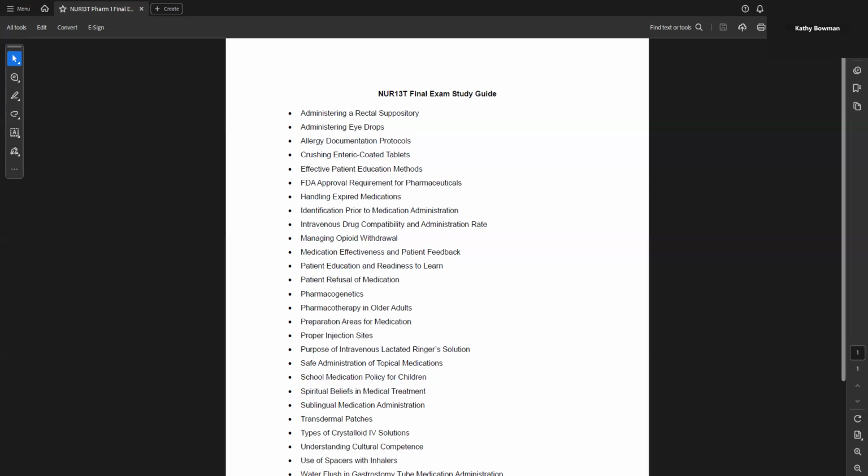Okay. Now, special circumstances, non-responsive patients, how do you do that? With two patient identifiers. You're going to check the wristband and cross-check against the MAR.